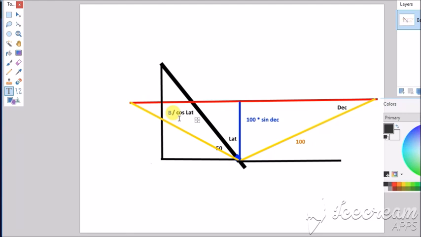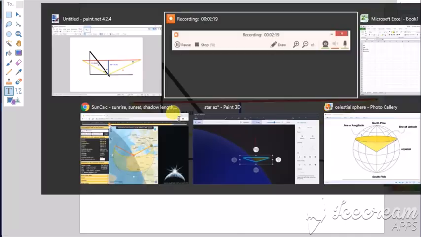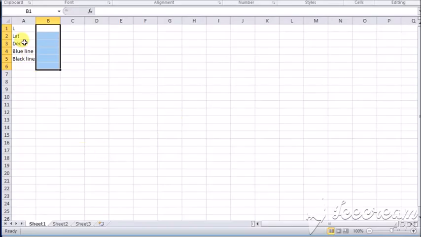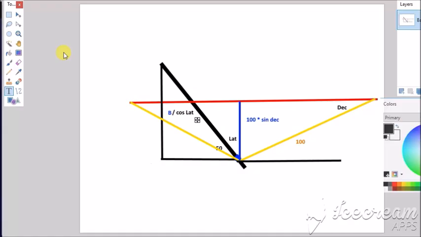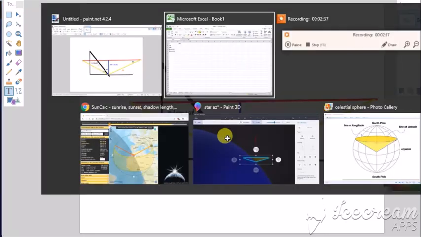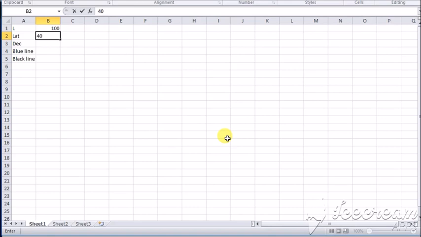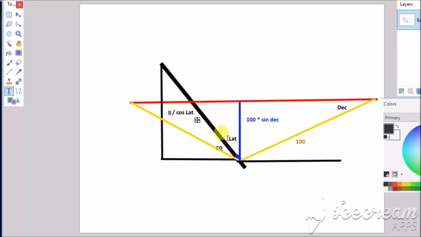Now let's go to the spreadsheet and do these calculations, because I'm not going to do it by hand or by calculator. So here are the parameters that I mentioned. The length is 100. Latitude is, how much was the latitude? Now this angle was 50, so the latitude would be 40. And the declination was 30. So the blue line equals 100 multiply sine of the declination.